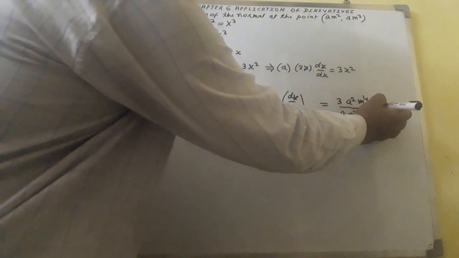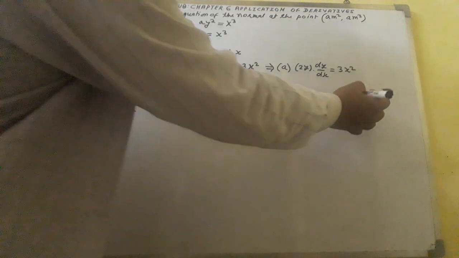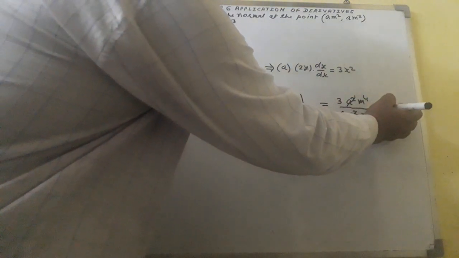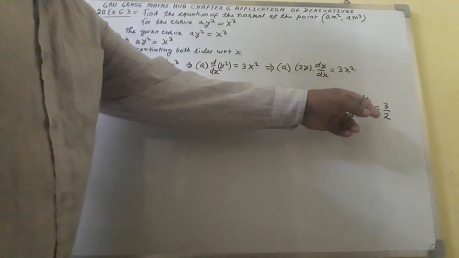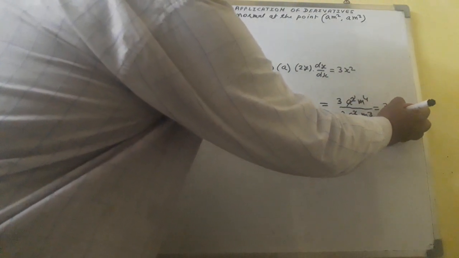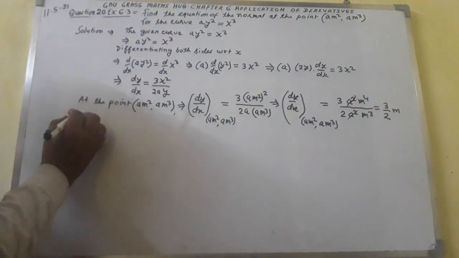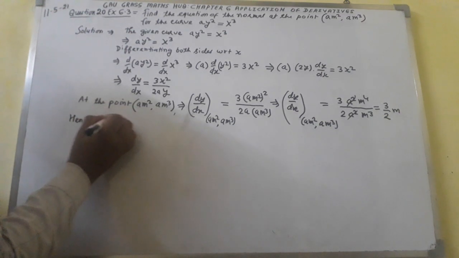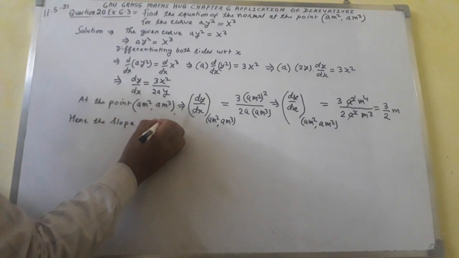So what will we do next? This a² will be cancelled out. So here we will get 3 over 2, m⁴ over m³ comes out to be m.